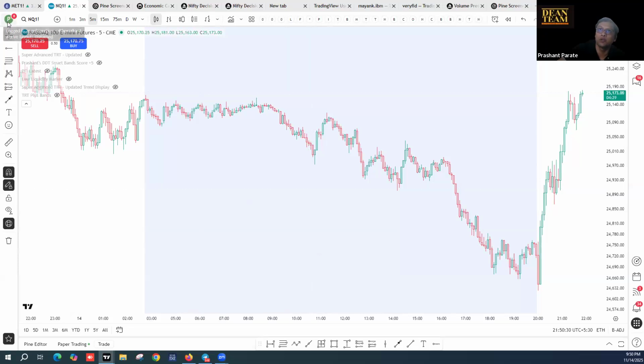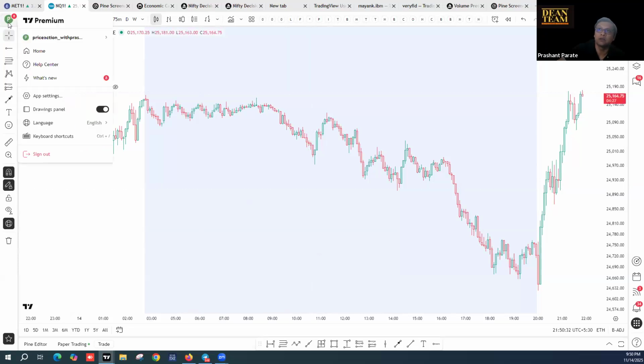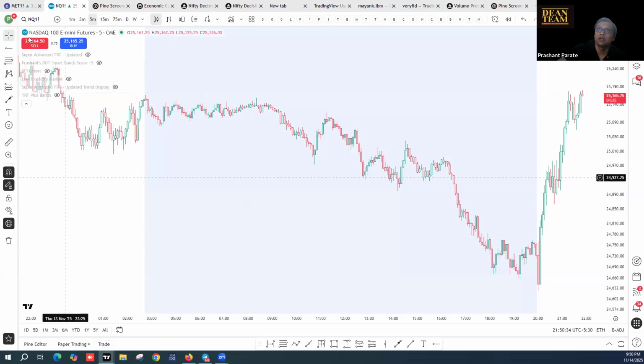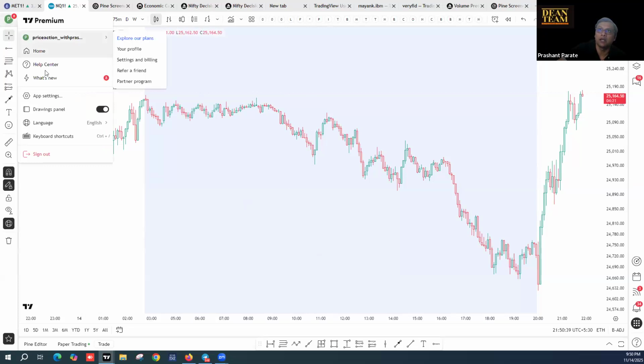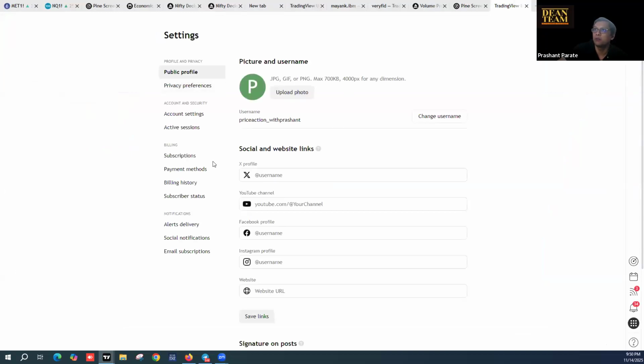So in that case, what you have to do is go to price action, go to this. Okay, there is this green color at the left corner, click there and then go to app settings, or yeah, here, go here in settings and billings. Once you go to settings and billings, this will come.